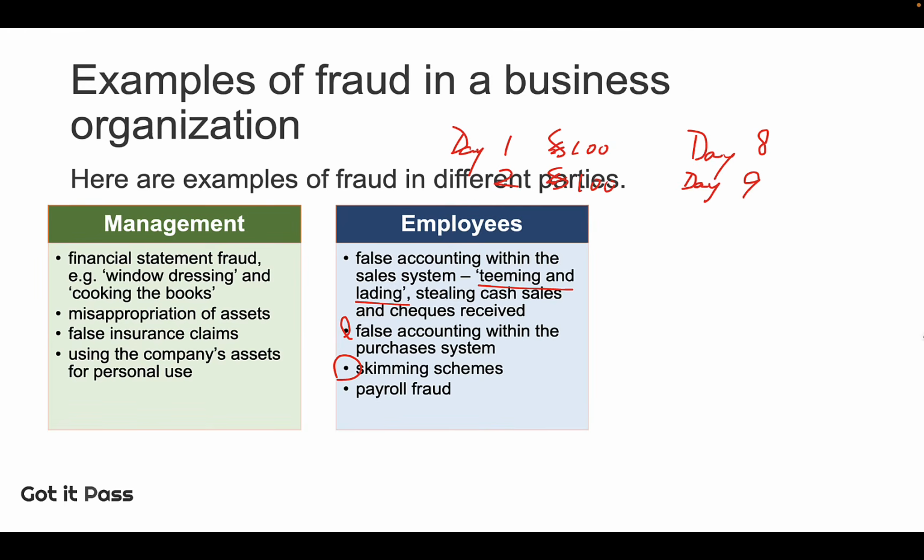So in other words, skimming schemes is stealing small amounts of money from everyday transactions and trusting that no one can discover it. So finally, the fraudster can have a huge amount of benefits from it.